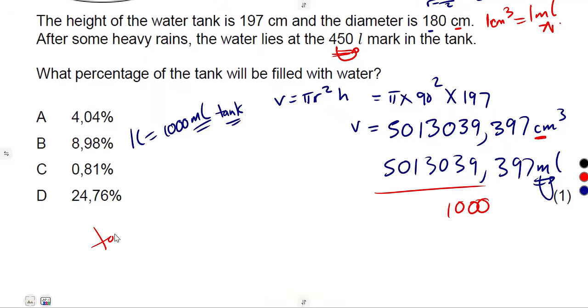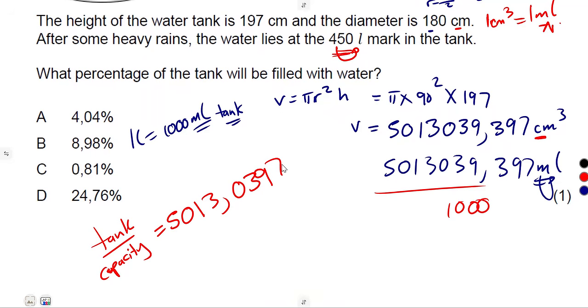So our tank has a capacity. When it is a full tank, its capacity, by dividing by 1000, in liters, it was going to give us 501.3039397 and so on, in liters.